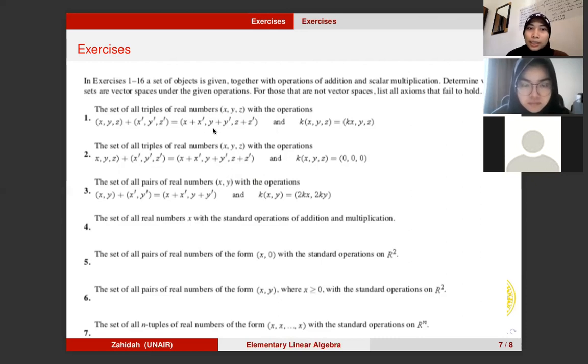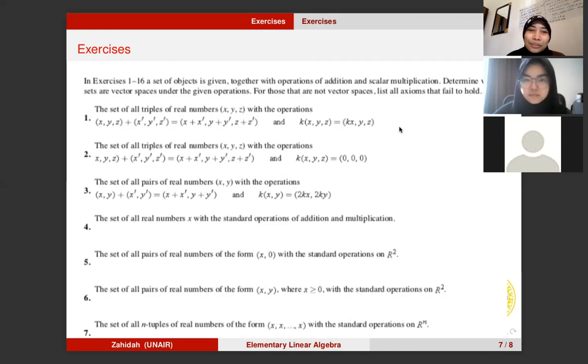But the scalar multiplication is not a standard operation. k times (x, y, z) gives k times x, and the second and third components stay the same, without k. So just be careful with this scalar multiplication.